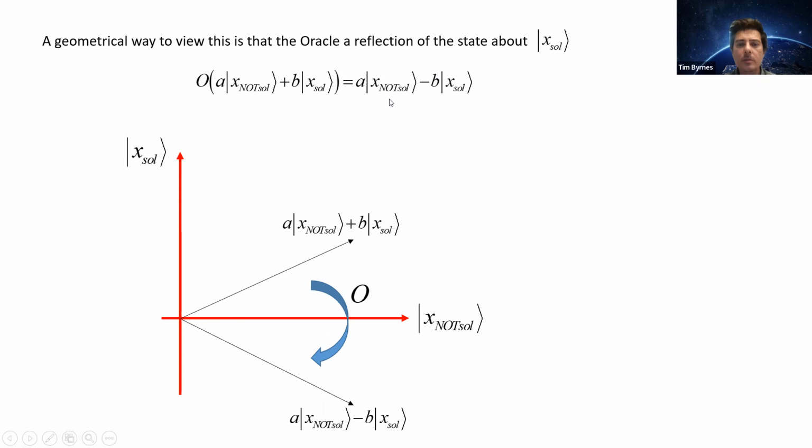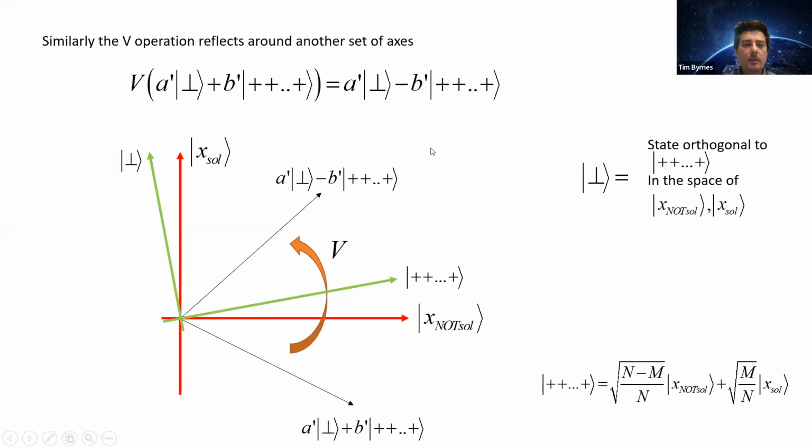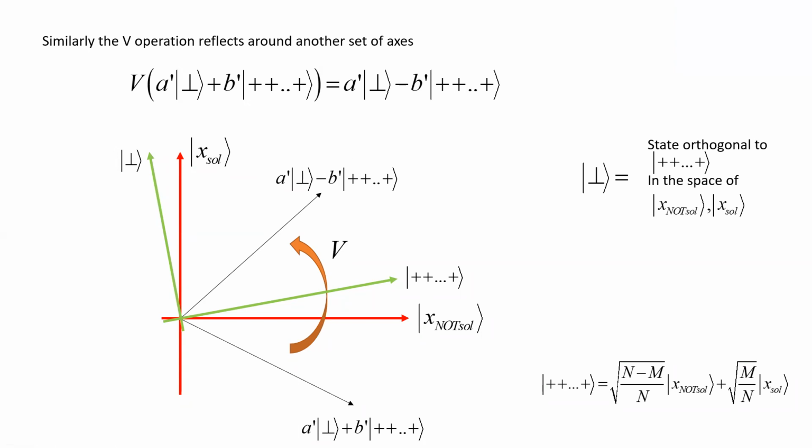Yeah. So by that logic, V, which applies the minus sign to the plus state, should actually rotate around this perpendicular state and not the plus state as I drew here. Is this your question? Yeah. I think you're right. But actually, in the end, I think it doesn't matter.